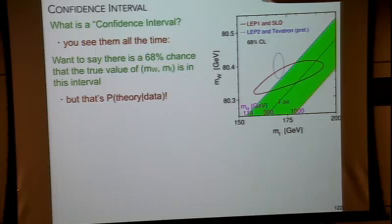The procedure makes a dotted line, and in 68% of those cases, the true value would be inside of the contour. But for this particular plot, it does not mean that the true value is inside the thing 68% of the time. In this particular plot, it's either in it or not, right?